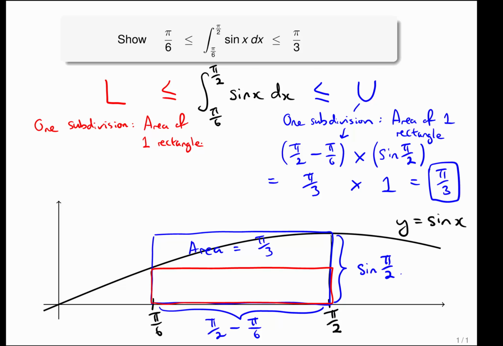Now, its length is once again given by the difference of pi on 2 and pi on 6, times its height, which is equal to the function evaluated at pi on 6 this time.